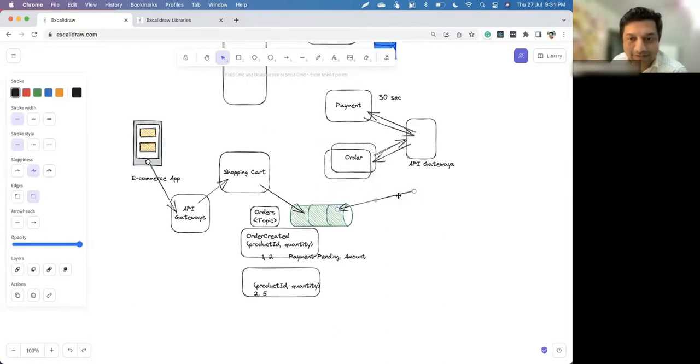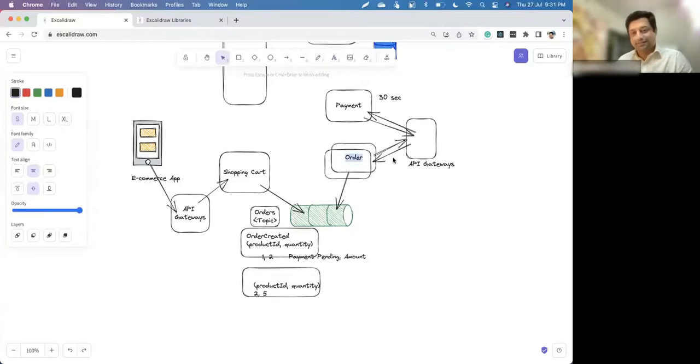Now, see here, these are observers. Order is a consumer of messages. It's also called an observer. So they are not waiting for some call to come. They're just waiting for the messages to come, and they are observing the queue, right? Or these are also called consumers. Again, same thing.